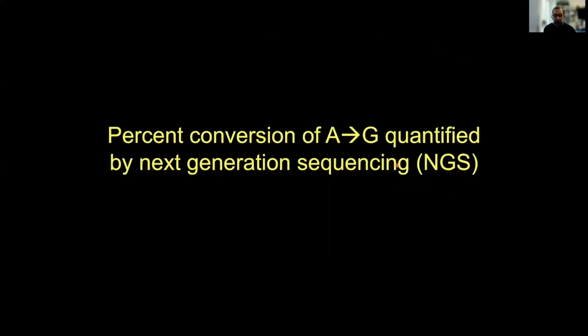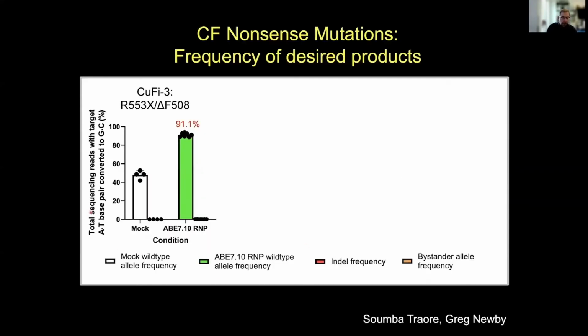So we next looked at the editing efficiencies based on next-gen sequencing of the region we targeted. So these graphs show the total sequencing reads with target AT base pairs converted to GC as a percentage. For the CUFI3 cells, you see in the mock-treated 50% have the GC pair at that site, and that's because this is the other allele, delta F508.